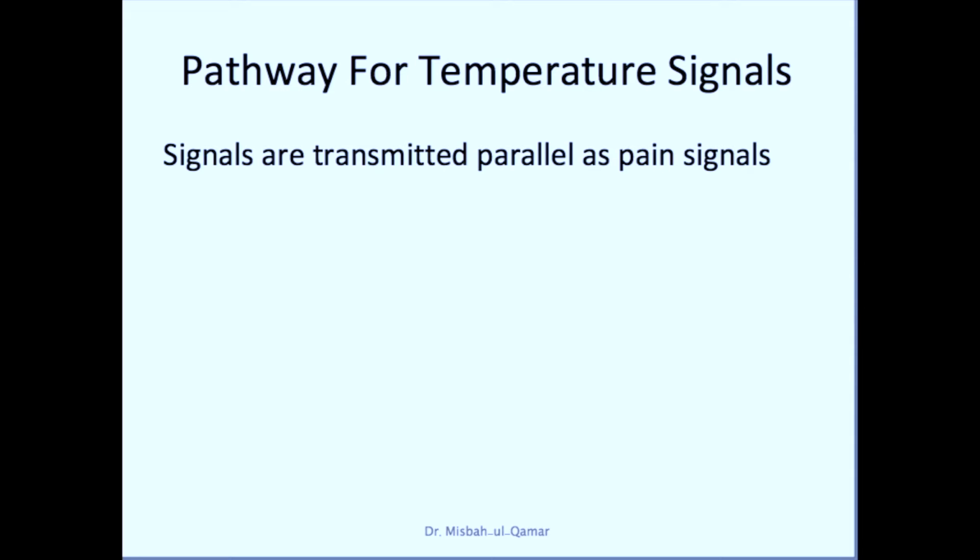Apart from the thalamus, some thermal signals are also relayed to the somatosensory cortex from the ventrobasal complex and ultimately into the hypothalamus. So you can see that this is how the thermal messages are sent from the detectors to the ultimate center of the hypothalamus.